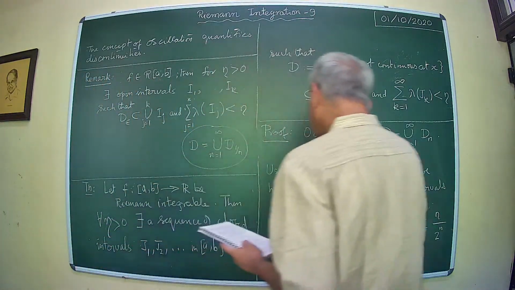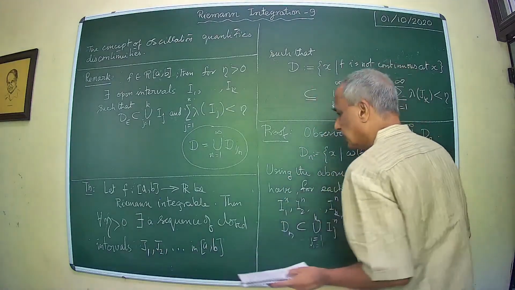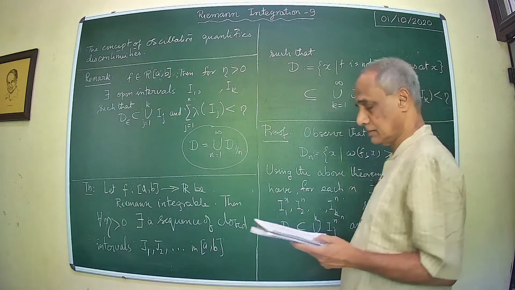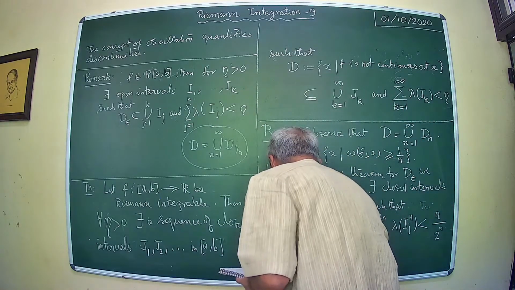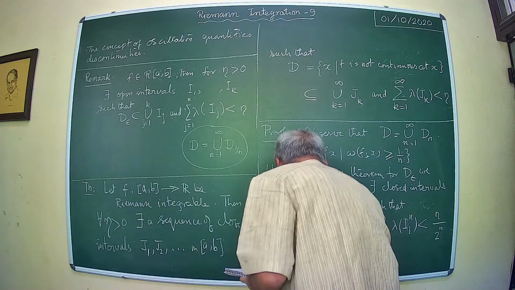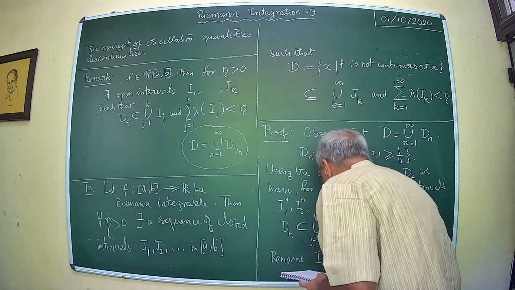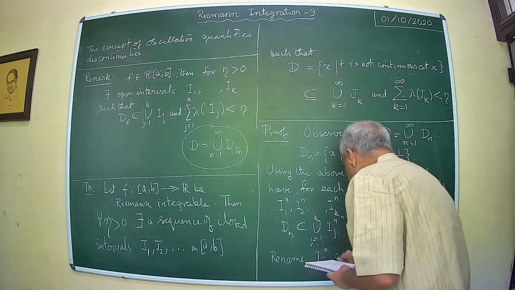Now put all these intervals together. It's a countable collection of finite sets, therefore it is countable. Therefore we name them Ijn for all j and n.